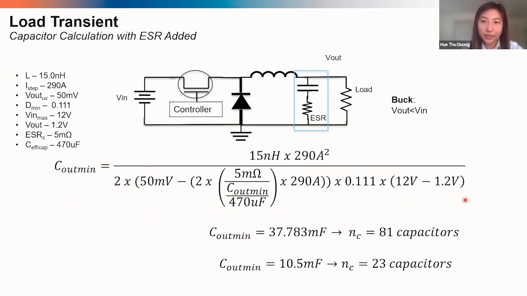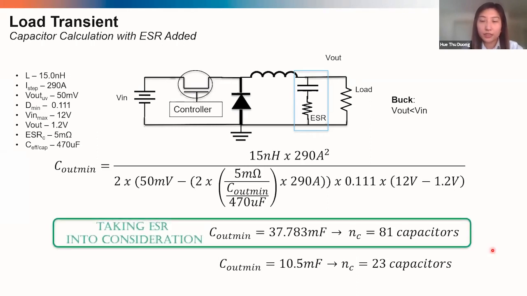So solving this entire equation will give us the total output capacitance of 37.78 millifarads, which would require about 81 capacitors. So this is what is needed when we take into account ESR.